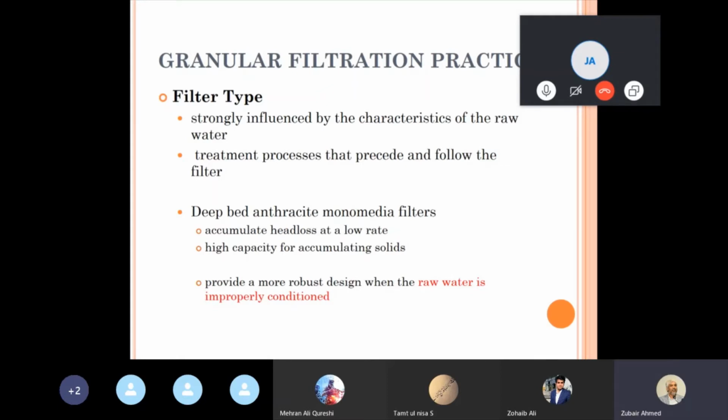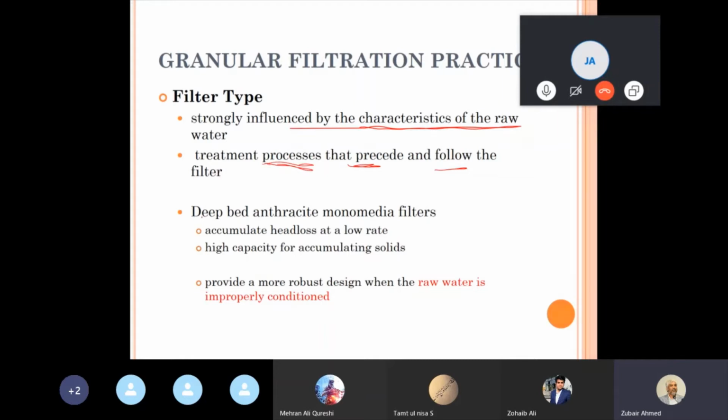So we have to see the characteristics of raw water. Also we have to see the treatment processes that precede and follow it. Some treatment process before filtration or what will be the treatment process after filtration. Based on these two, we can select the filter type.